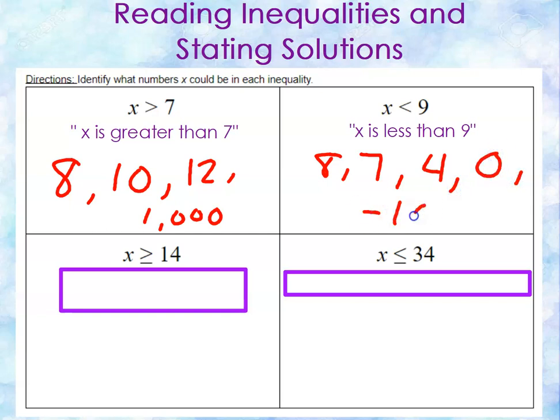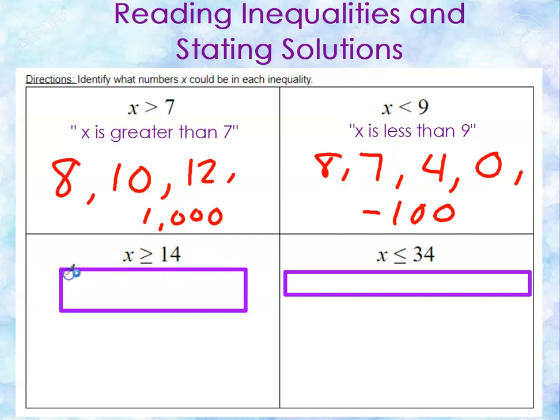Even negative 100, because negatives are less than positive numbers. Remember with these, x can't be 7 over here because it has to be bigger than 7. X cannot be 9 because it has to be less than 9, right? 9 is not less than 9, it's equal.